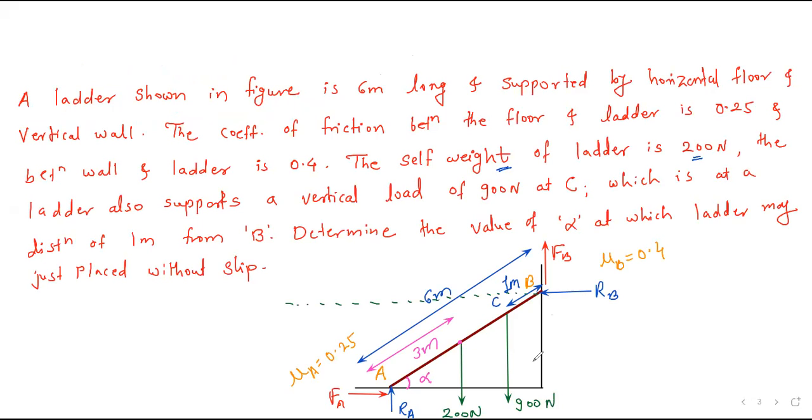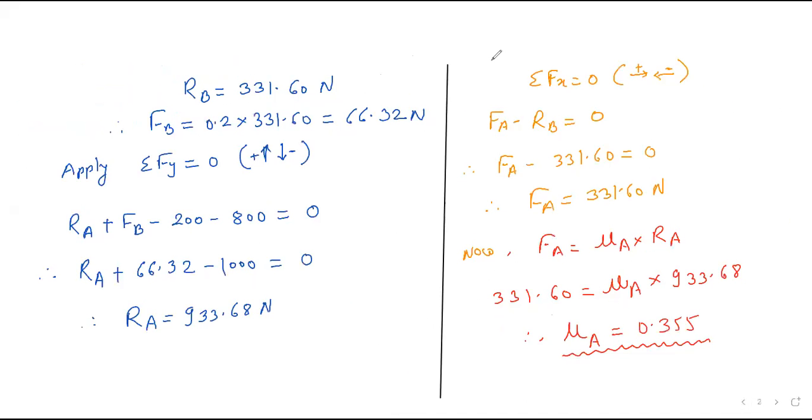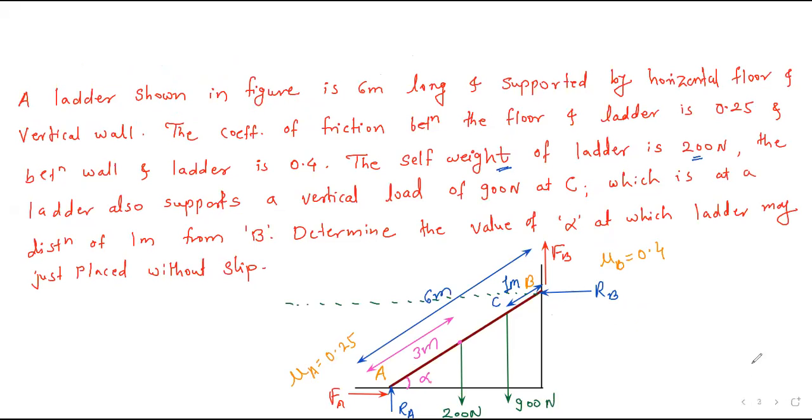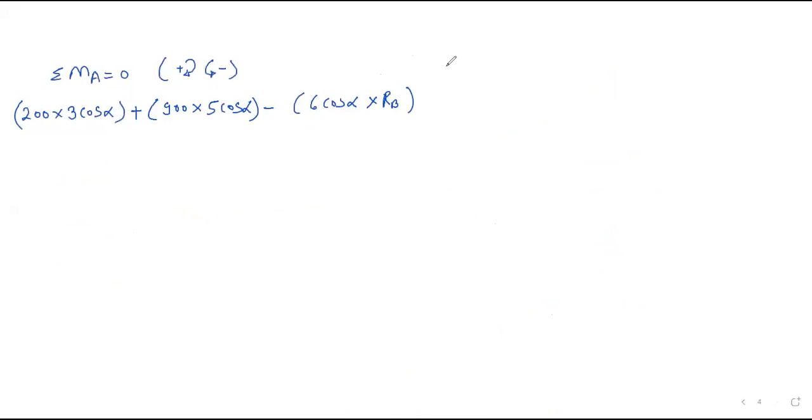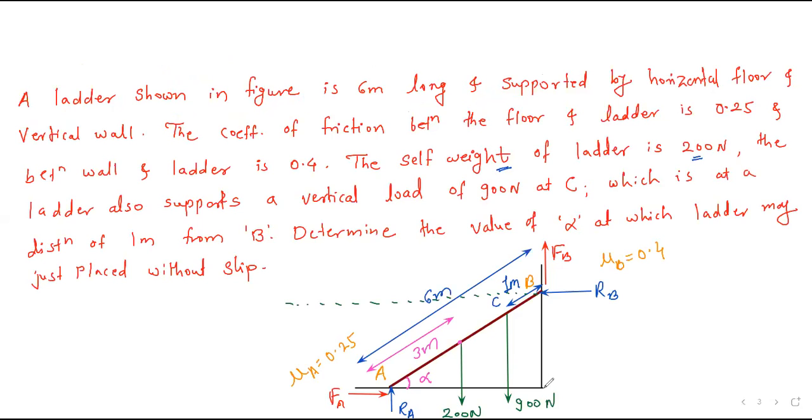Is it right, or should it be sin alpha? Correct, it is sin alpha, not cos alpha. So your RB will be RB into 6 sin alpha, again minus FB into, if this total is 6, then this will be 6 cos alpha.